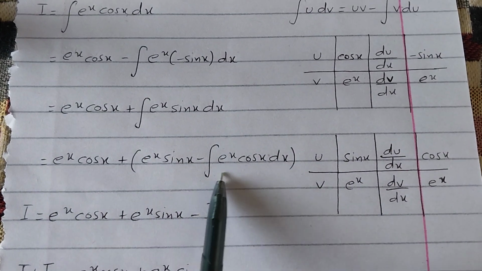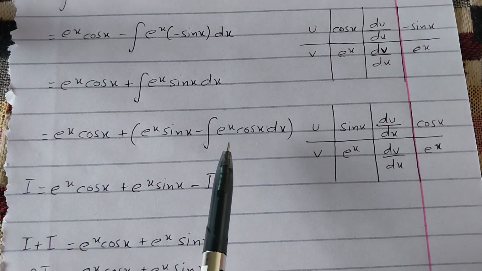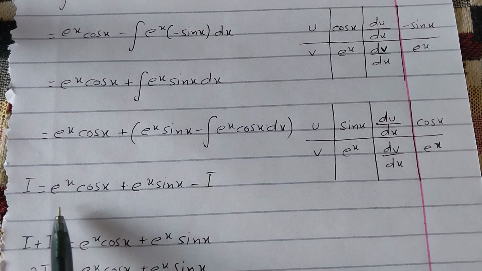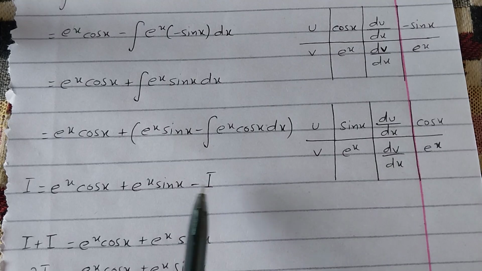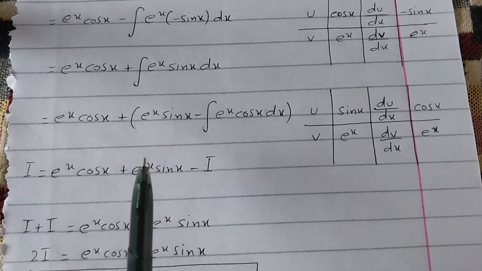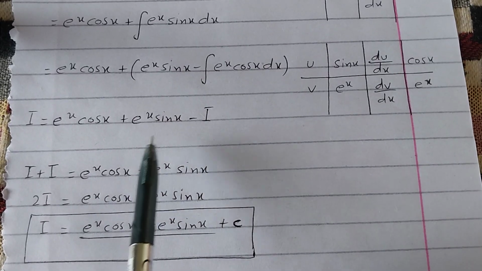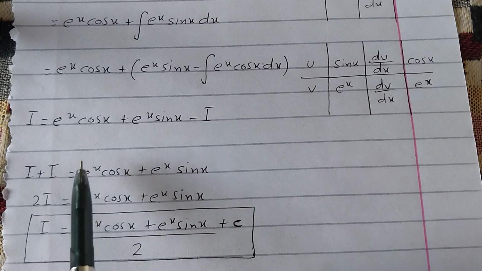So this was our original integral, and we have called it I. So we can replace this integral by I. So I is equal to e to the x cos x plus e to the x sin x minus I. We are interested in I, so we will move this negative I to the left side.